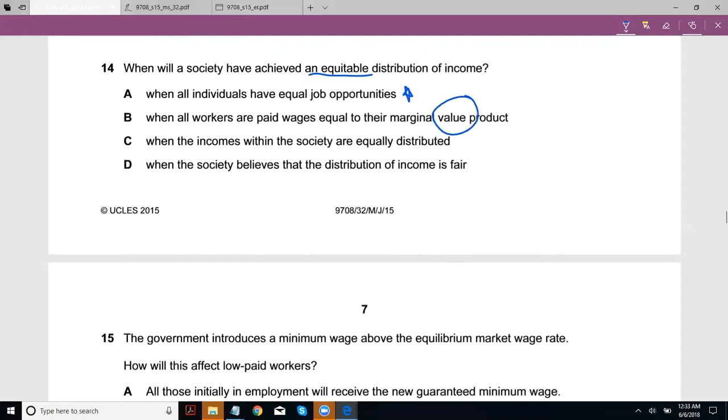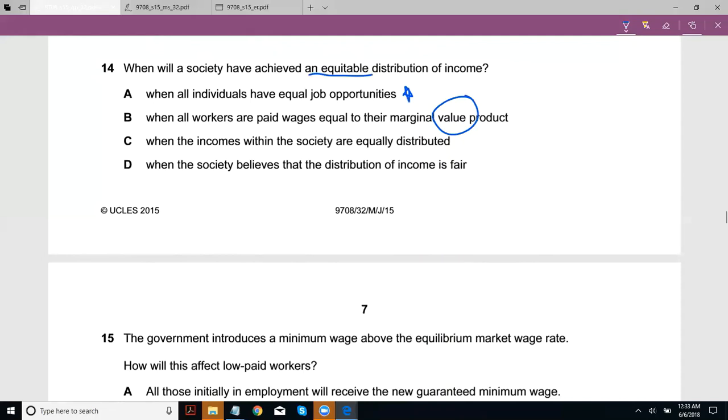Marginal value. So what's that? It's like the value that is associated with the product itself, not the revenue that you are getting from it. But there's a very slight difference. You are being paid according to the actual value of the product, not the revenue that you are earning from it.